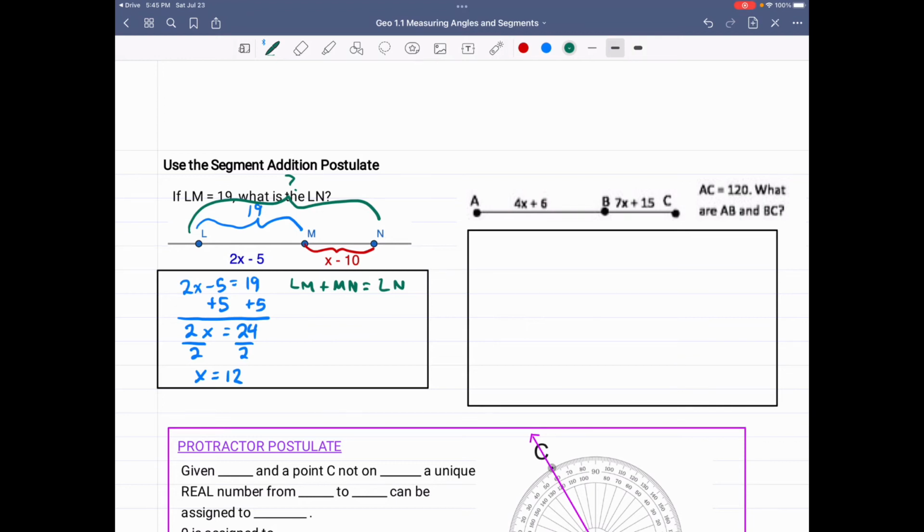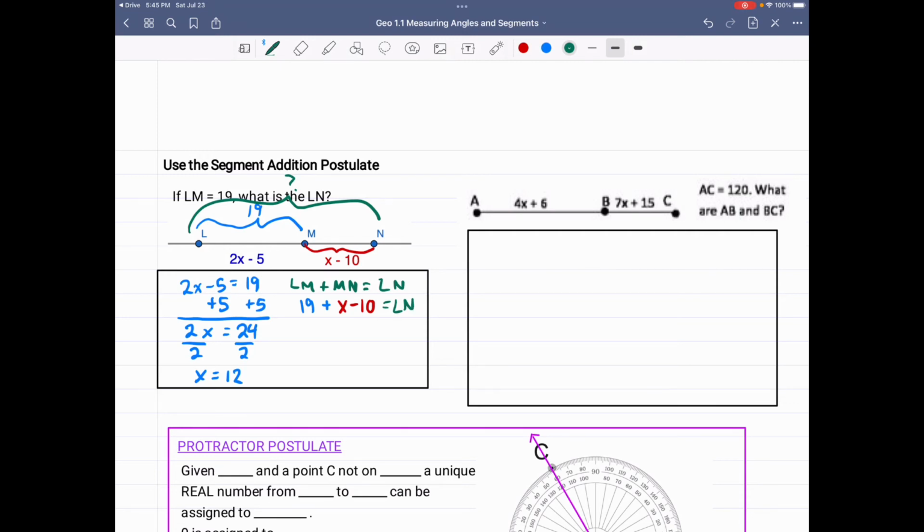Well, we know LM is 19. We figured that out, or they gave us that. We could also put in the algebraic expression 2x minus 5, but we'll just use 19, plus MN, which we don't know what that equals, but we do have an expression, equals LN.